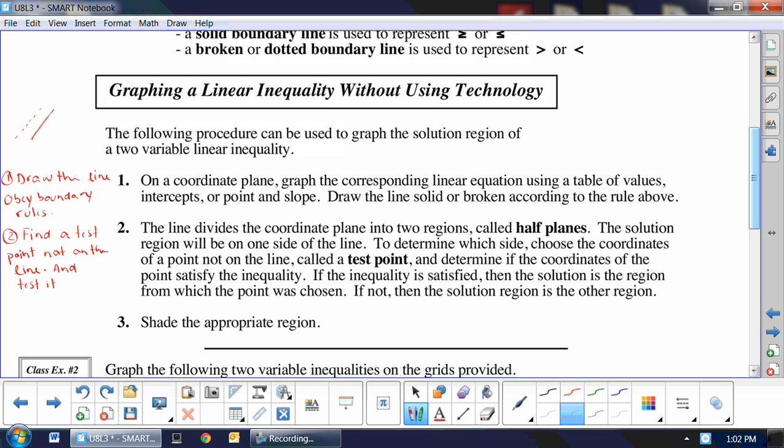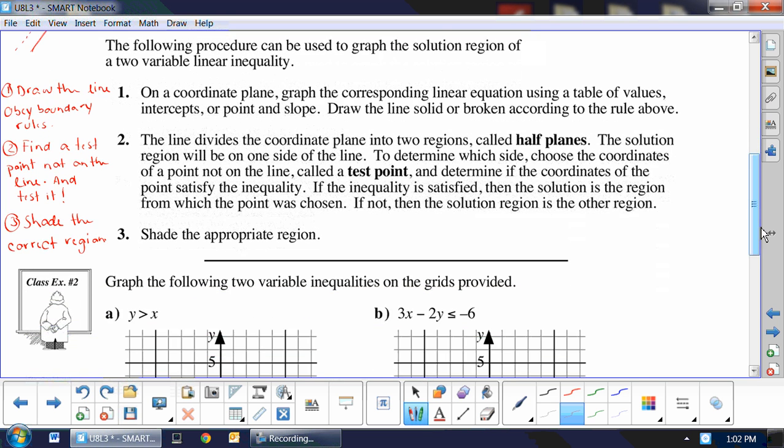So find a test point not on the line, and then test it. And then for number 3, they want you to shade the correct region. Shade, like color.